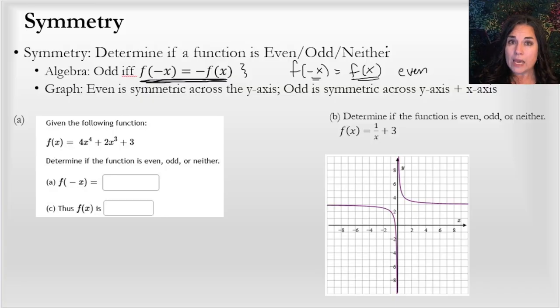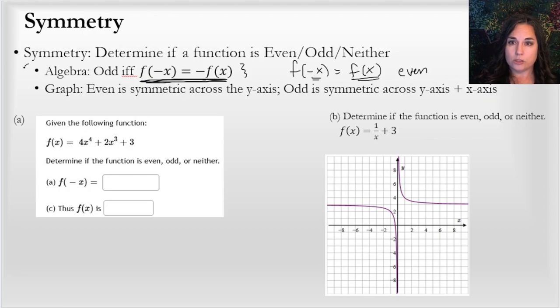It may feel like you just want to look at a graph and say, is it symmetric in some way? But what you need to do, and you can see I put the equations here for a couple of examples, is this test.